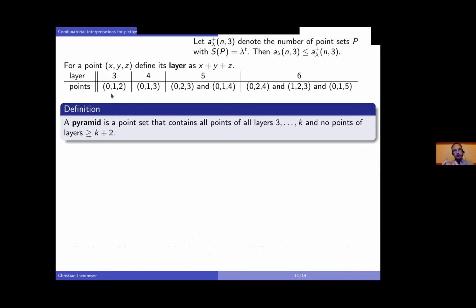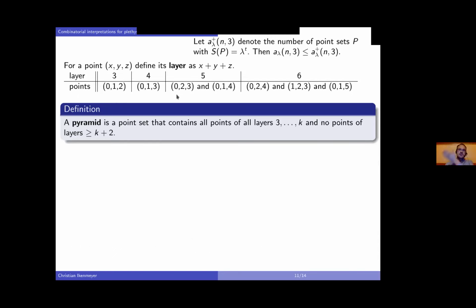So you have your cone, where x is less than y is less than z, and you can define a layer. Your points come in different layers, which is just the sum x plus y plus z. You think of your three-dimensional cone, and you have a layer 3, for example. 0 plus 1 plus 2 is 3. 0 plus 1 plus 3 is 4, right? You're just summing up, and they come in different layers.